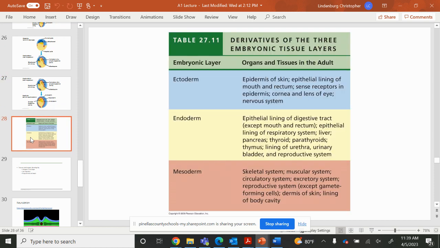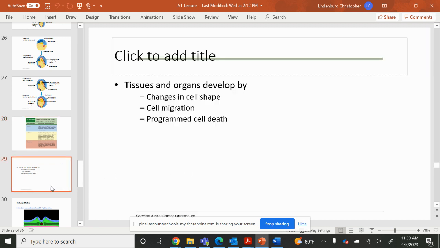If you're curious, you can pause here and look at the different types of tissues produced by these three layers, but you don't need to know it. Then the tissues change in shape, they move around, and they're programmed to die. This is how you go from a generic embryo into something that looks a bit more human. All of this is happening around gastrulation.